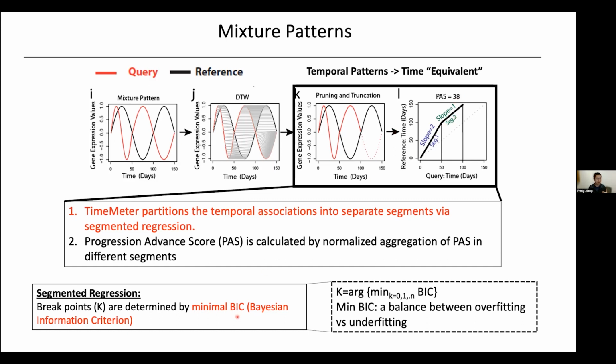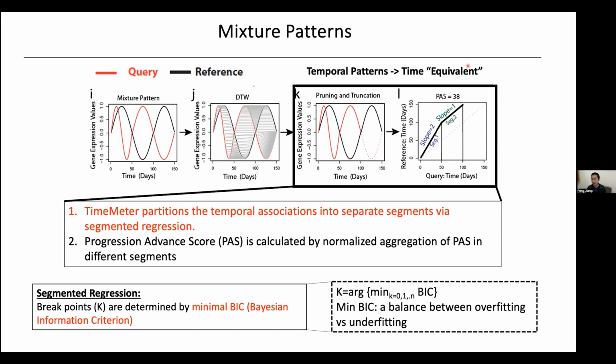The BIC generates a formula that puts a penalty on the number of parameters added. If we add one additional segment, we incur some penalty. If the performance increase overcomes the penalty, then we choose it. So in segmented regression, the breakpoints are determined by the minimum Bayesian information criterion.